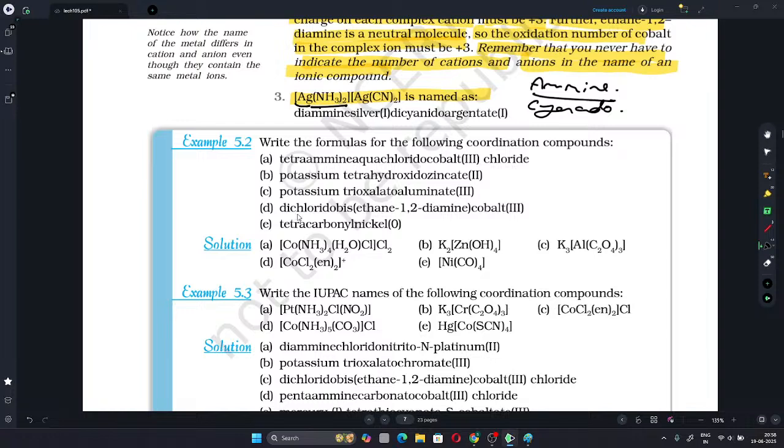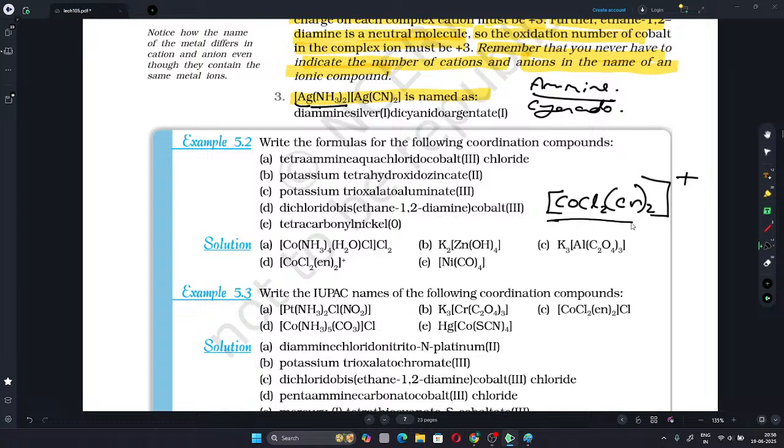Thus the fourth one, dichlorido ethane-1,2-diamine cobalt. It's a neutral complex. Cobalt is the central metal atom. Cl2 en plus.